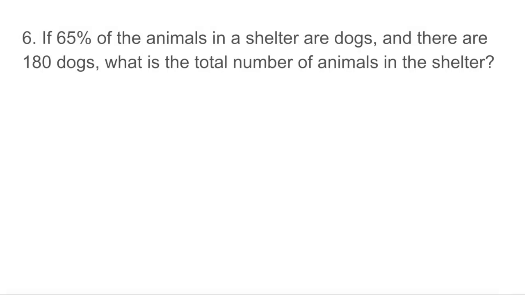Number 6, if 65% of the animals in a shelter are dogs, and there are 180 dogs, what is the total number of animals in the shelter? So the total number of animals in the shelter, this is going to be n. That's what we're trying to find. If 65% of the animals, this is n, 65% of n.